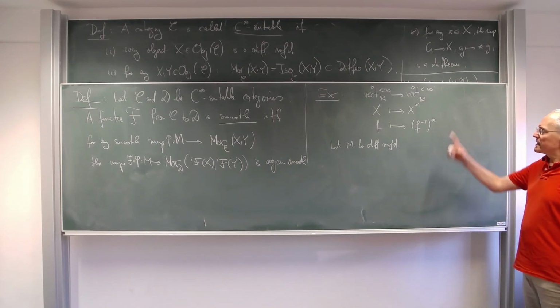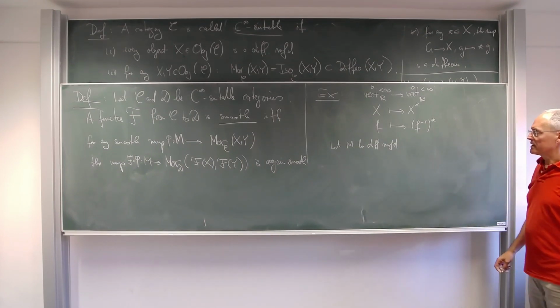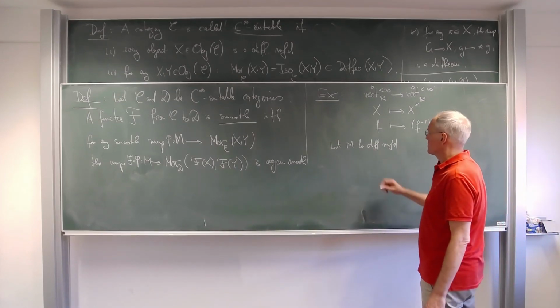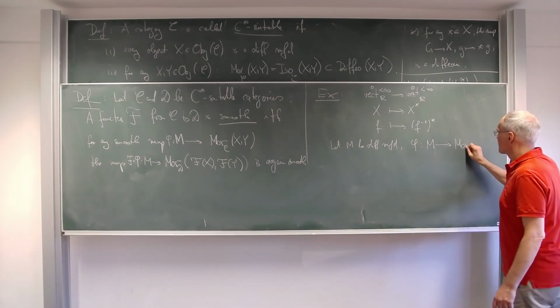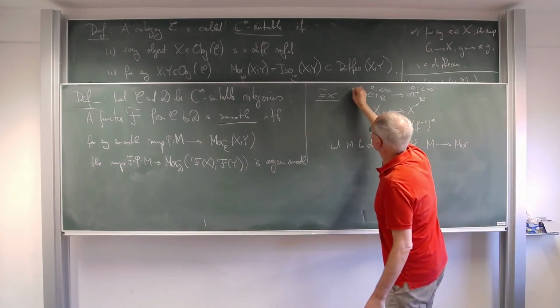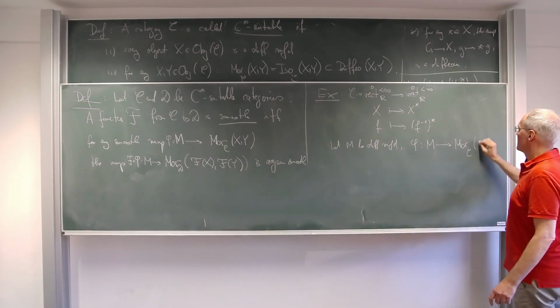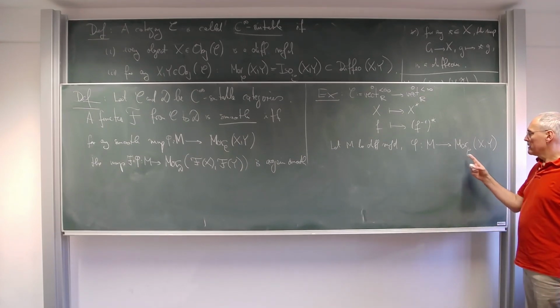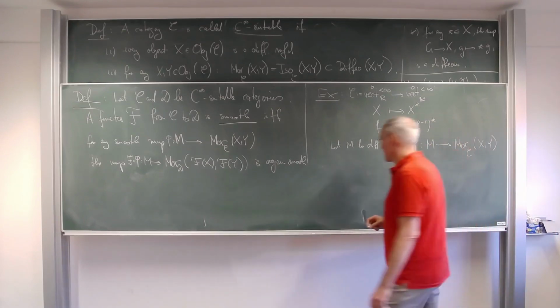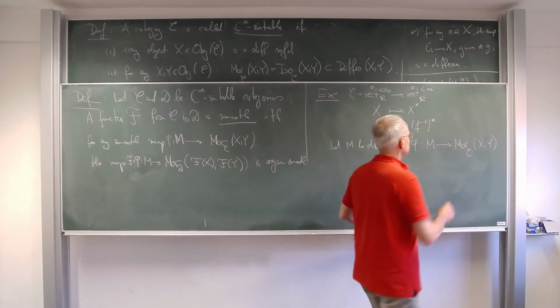Now suppose I have a differentiable manifold, and phi, a map from M to the morphisms in this category C from X to Y. So this is the set of all invertible linear maps from X to Y. So now, what does the smoothness mean? Let this be smooth.